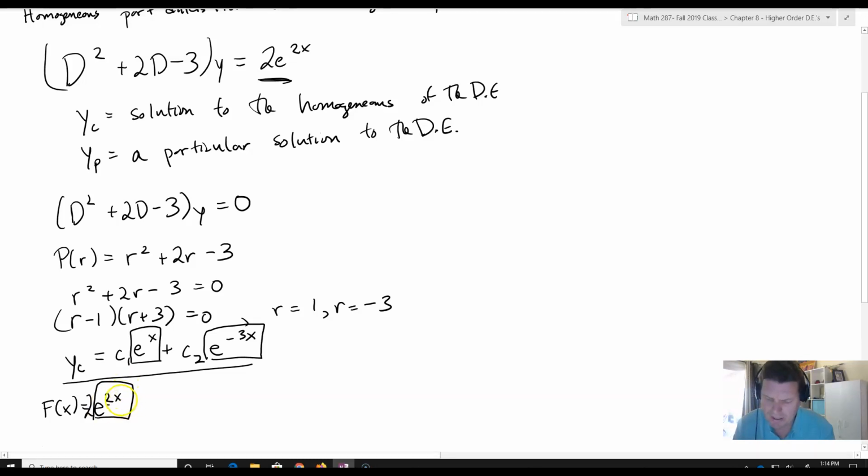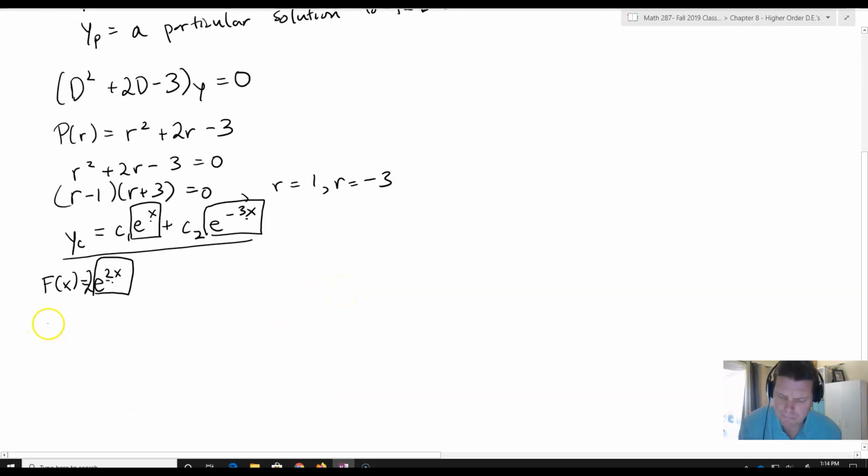Since these three are different, I can simply use yp equal to a naught e to the 2x as my trial solution. Because whatever I end up with for a naught, I'm still going to end up with something linearly independent from e to the x and e to the negative 3x, which is exactly what I want.